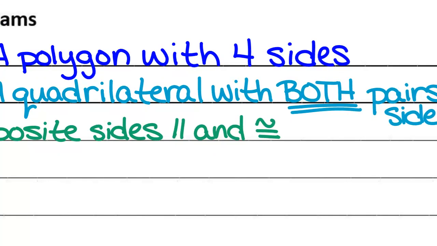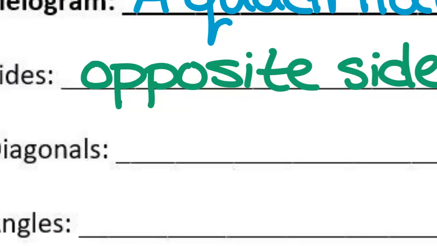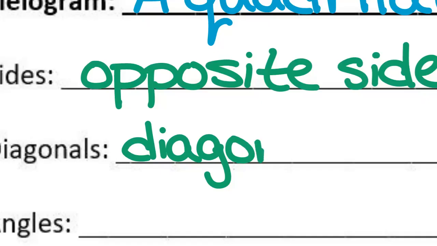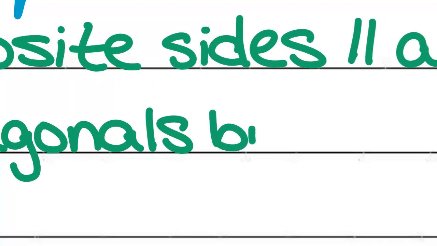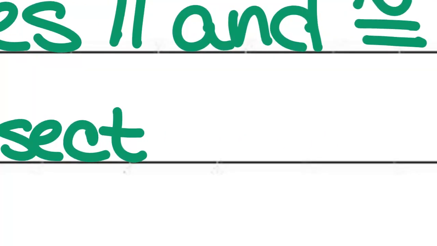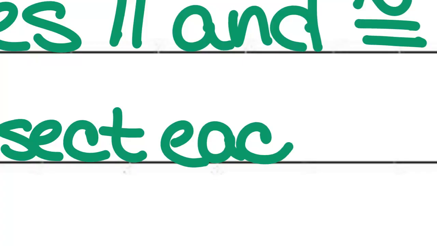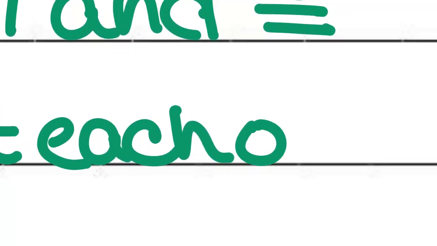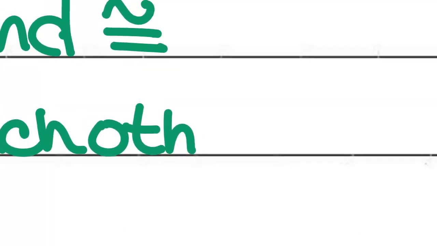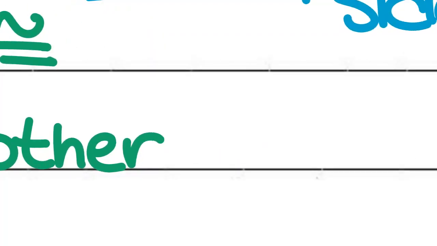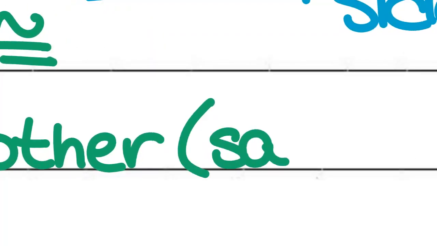The diagonals bisect each other. That means they have the same midpoint.